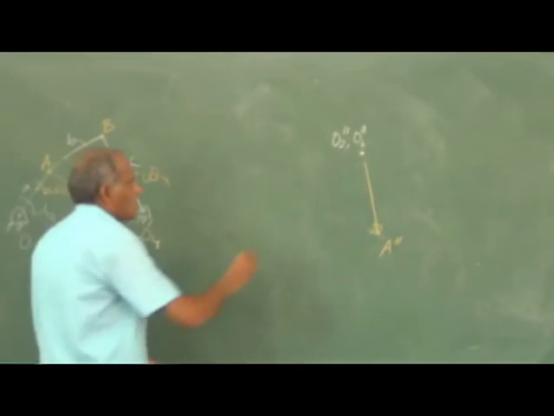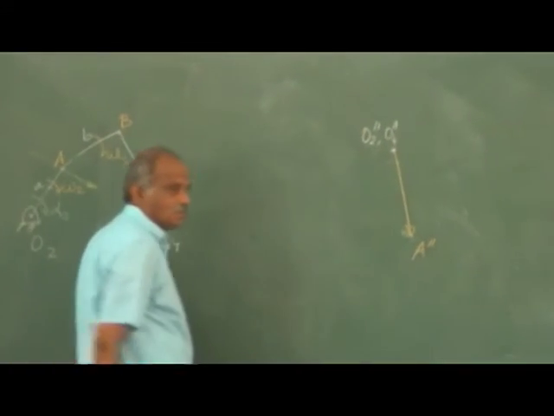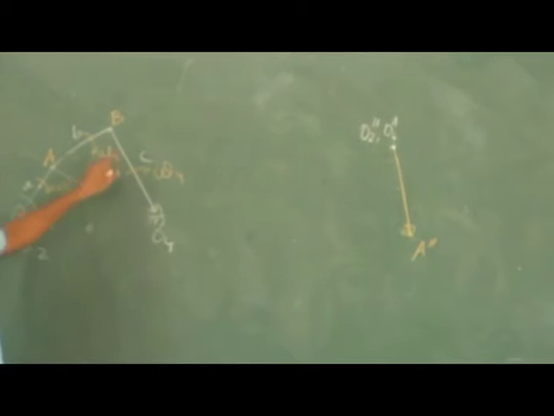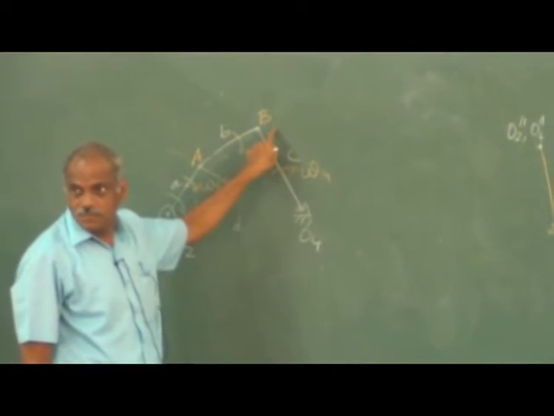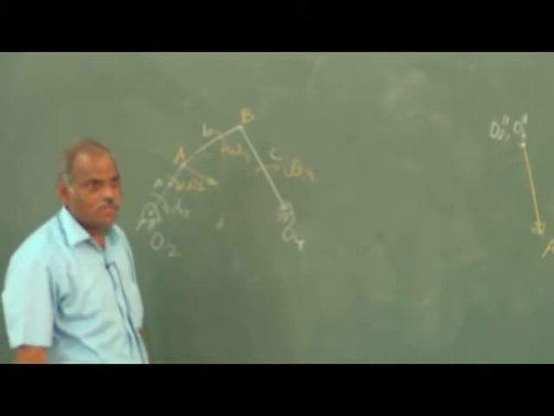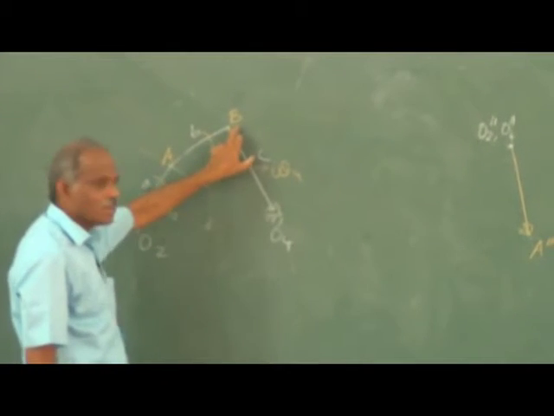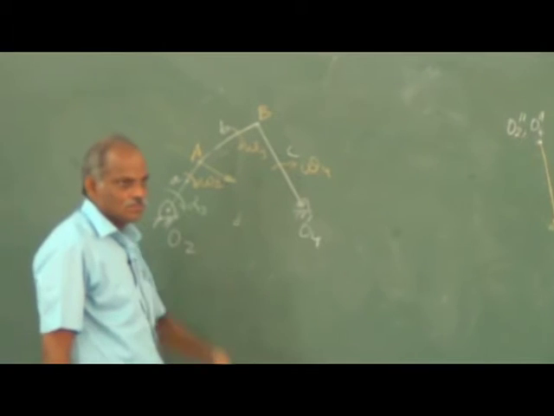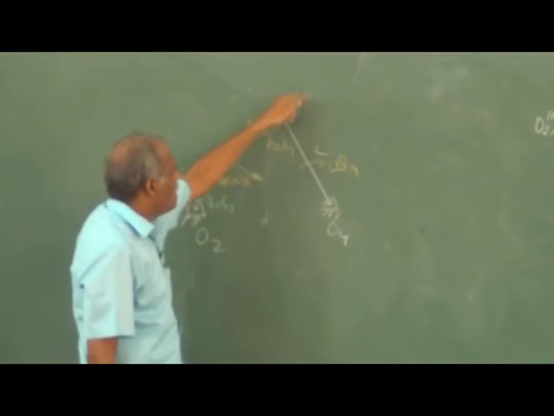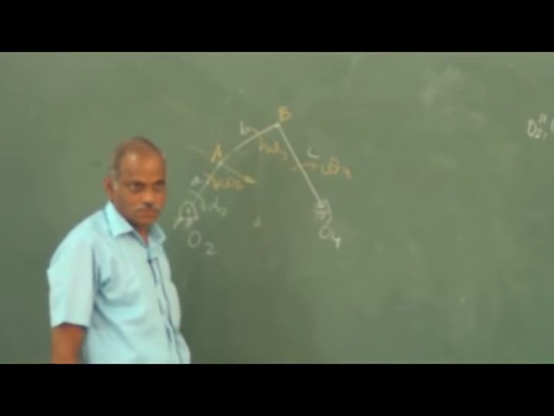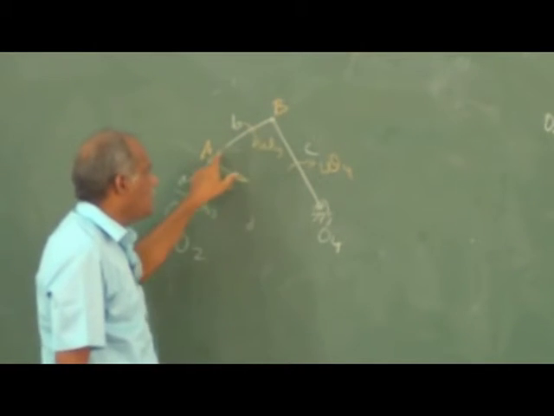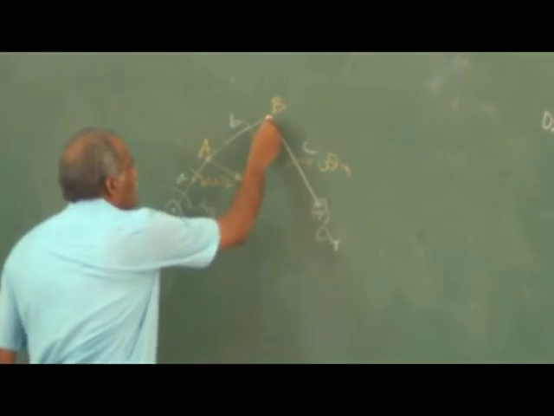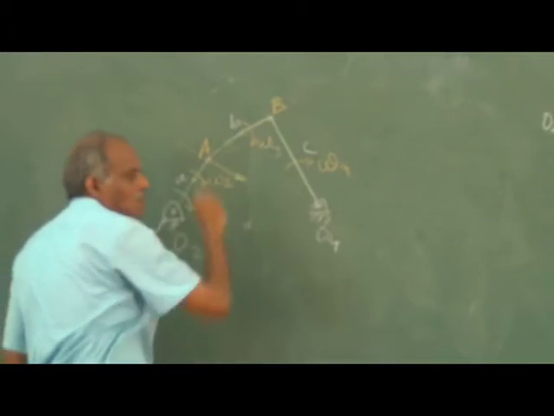So this is my acceleration of A. Now I have to find out acceleration of B. So how to do that? You can take B as a part of linkage 4, then it will have a normal and tangential component. Or B as part of linkage 3, you will have a normal and tangential component.